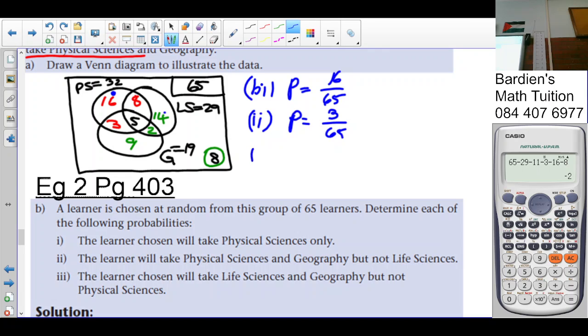Let's look at number 3. Number 3 says the learner chosen will take life science and geo, but not physics. Life science and geography, but not physics. So that's going to give you 2 out of 65. Okay? Any confusion there, people? Did the answer correct? Yes.